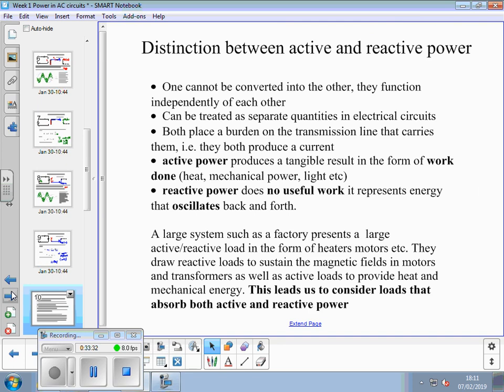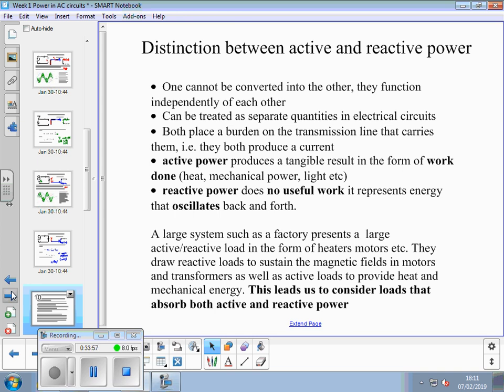Okay. Now, busy slide, I know, but it's trying to summarise the distinction between active power, P, measured in watts, and reactive power. One cannot be converted into the other. They function completely independently of each other.